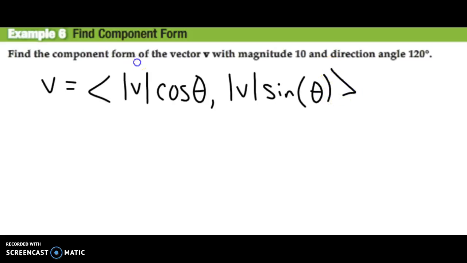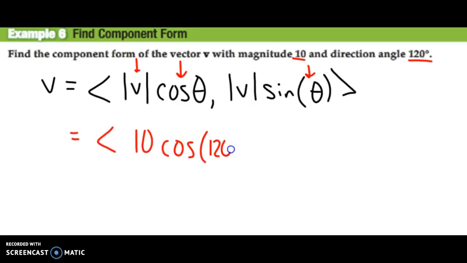So I know my magnitude is 10, and my angle is 120 degrees. So all I have to do is rewrite my component form as 10 cosine of 120 degrees and 10 sine of 120 degrees.